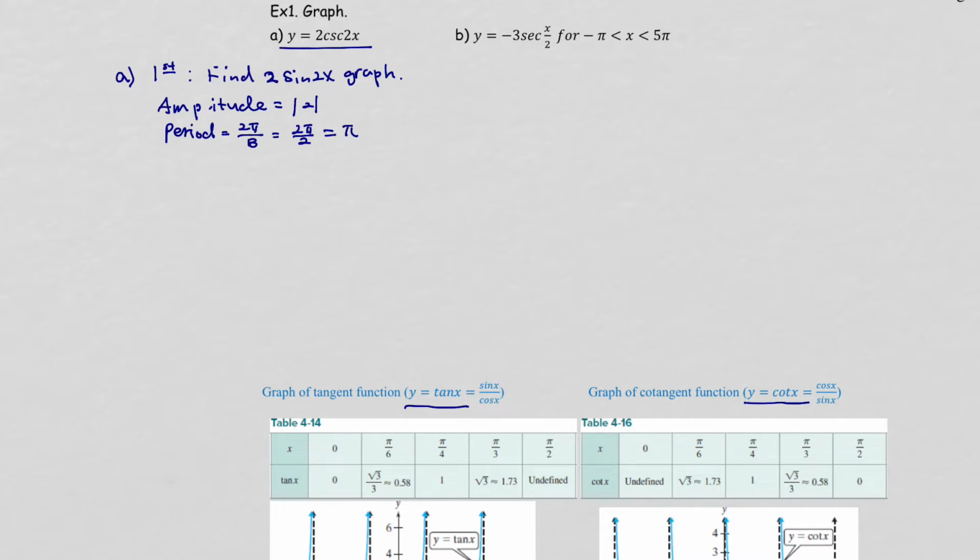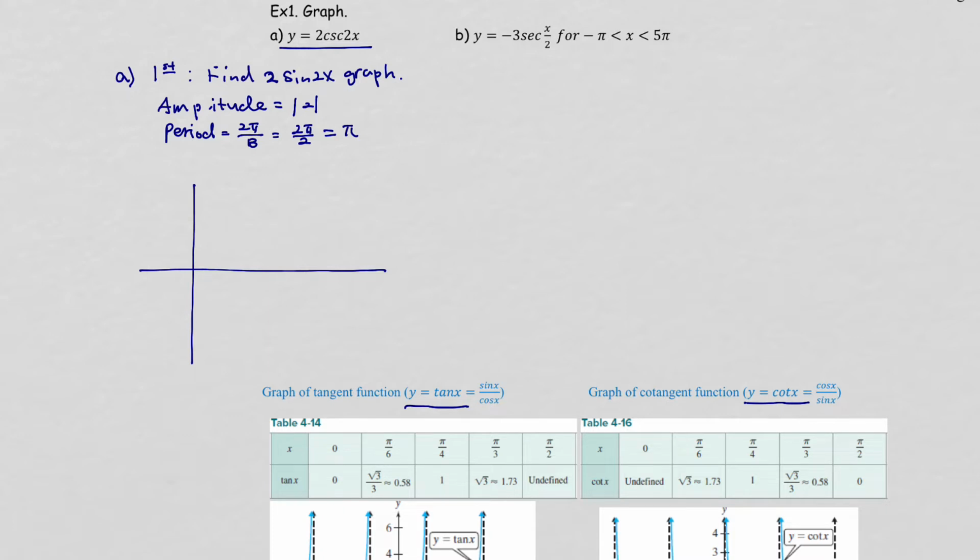So let's see if we can graph the sine. The sine graph starts from 0, and your 5 points are going to be the period divided by 4.